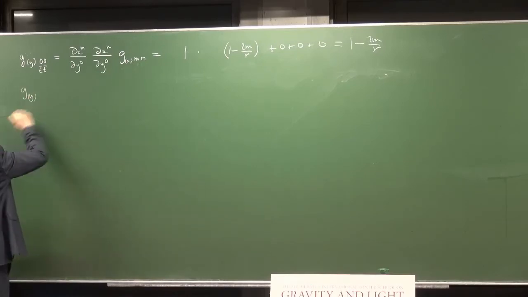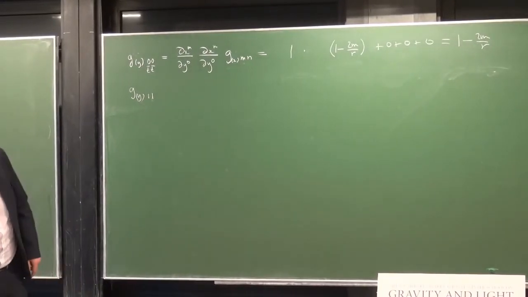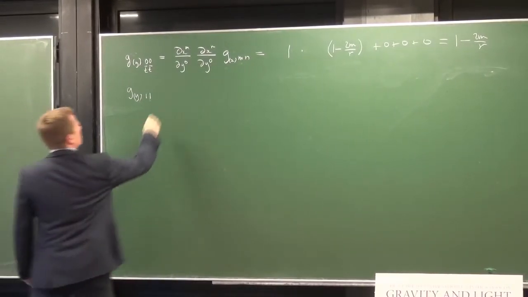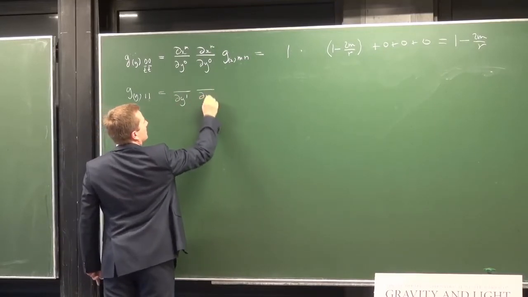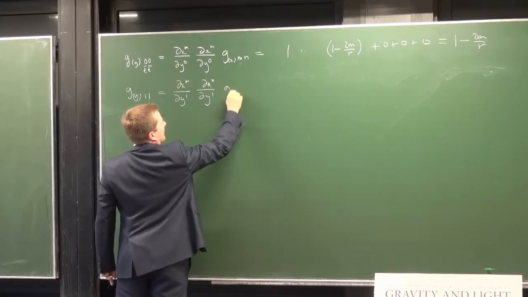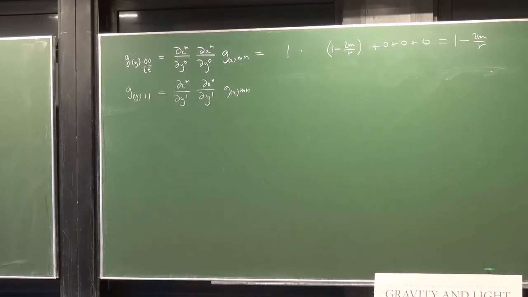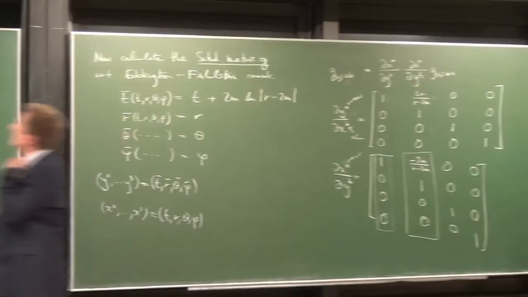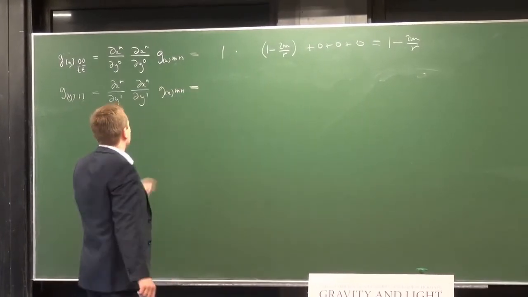So now we calculate the 1, 1 component. Is there still a question? Now we calculate the 1, 1 component according to the same scheme, but now we go with respect to dx1, dx1, dx^m, dx^n, g_mn, and now of course we need to look at all the ones in this column and multiply them each time squared. Why squared? Well, because this is diagonal, so only those appear.